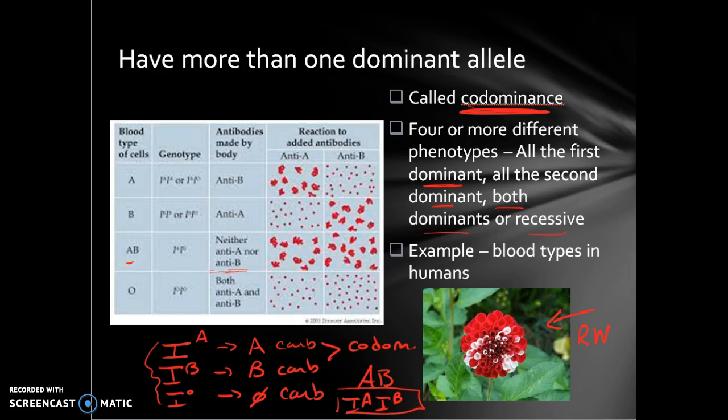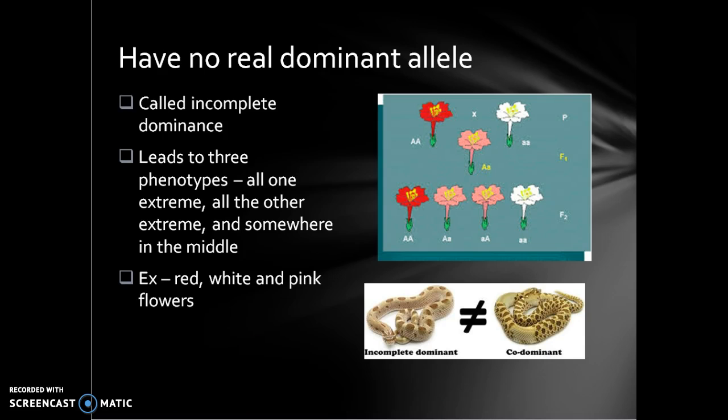However, some genes actually do exhibit a little bit of blending characteristics, and when that happens, it's because there's not really a dominant allele, and this is what we call incomplete dominance. It's incomplete dominance because none of the genes are actually dominant. So in this case, you only get 3 phenotypes, rather than the 4 in the previous case.